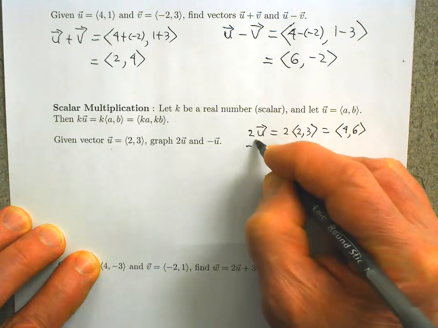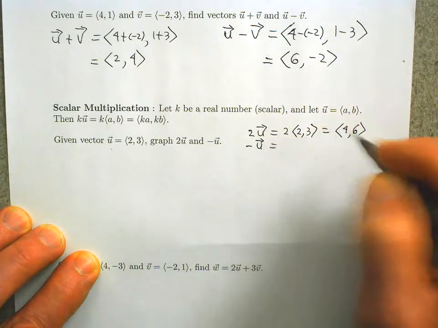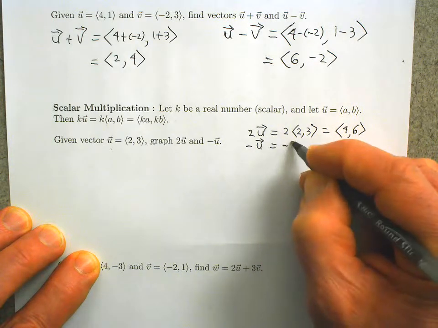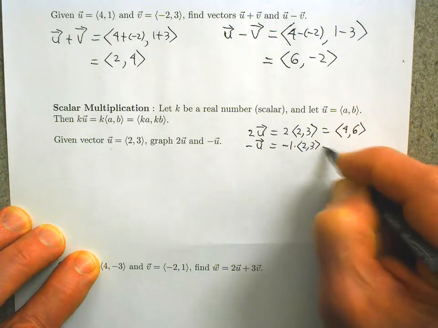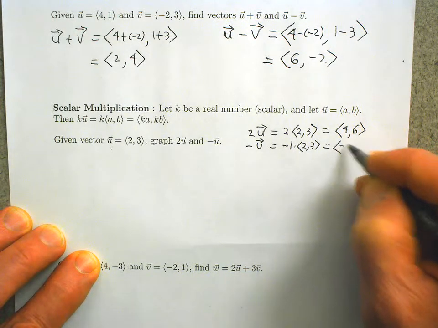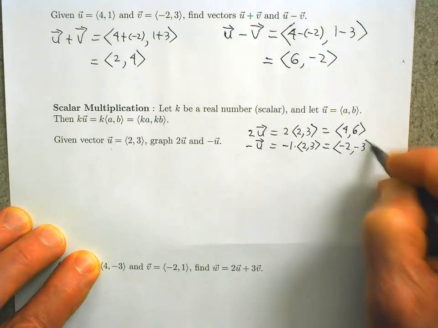The negative of u, that's just -1 times the vector. So this one is -2, -3.